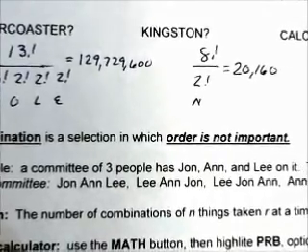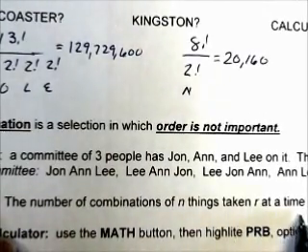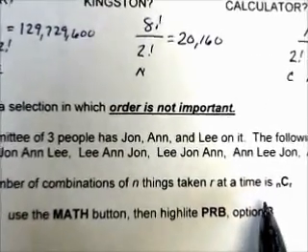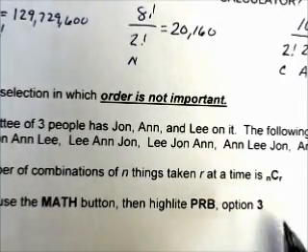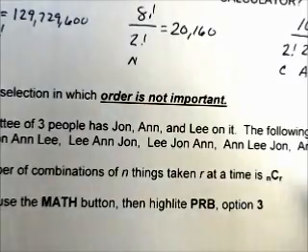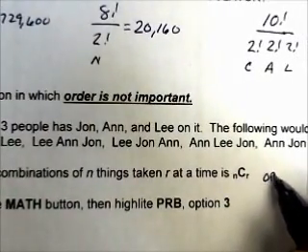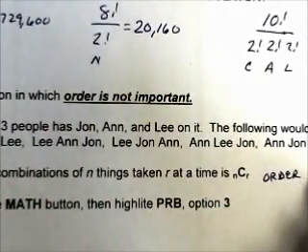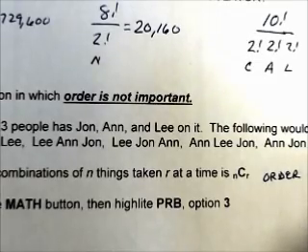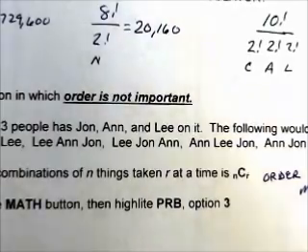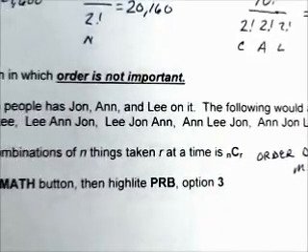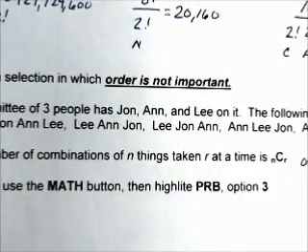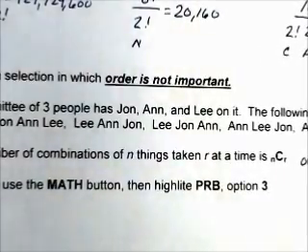The number of combinations of n things taken r at a time is nCr, or sometimes I'll say n choose r. All right, combinations. Order does not matter. On the calculator, again, we'll use the math button, then highlight PRB, option 3.